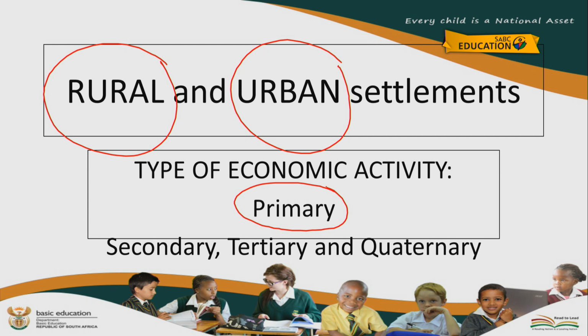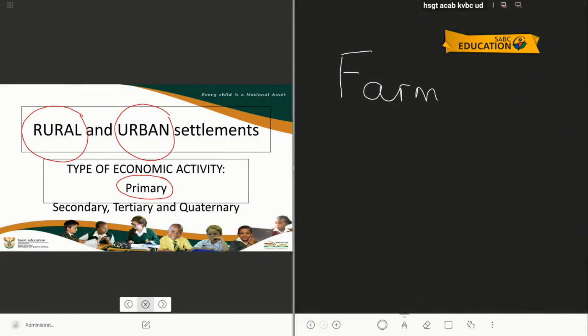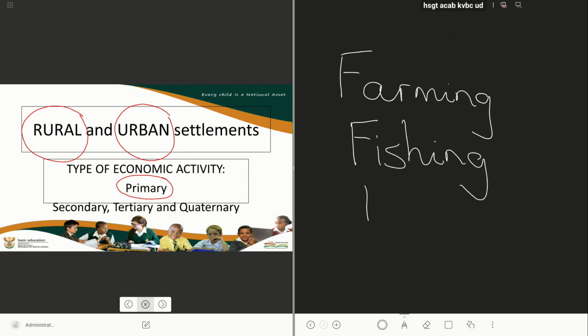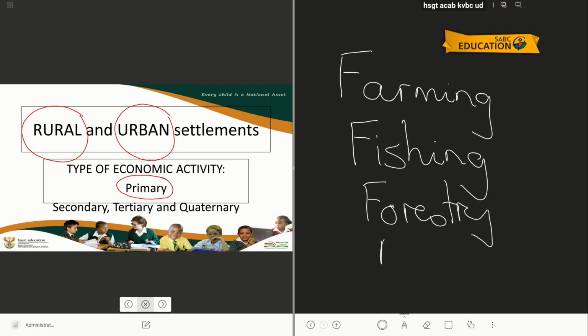And just to do a little bit of EMS, some economic terms for you, a primary activity would be farming, fishing, forestry, and mining.